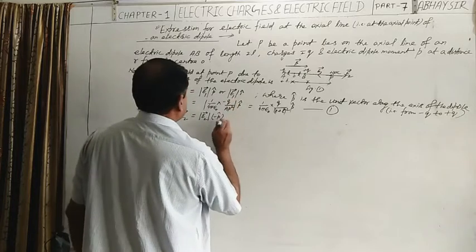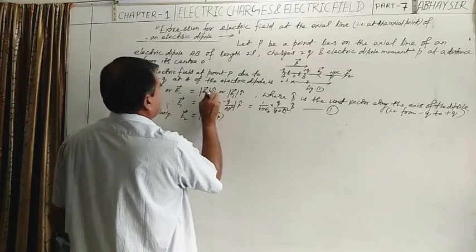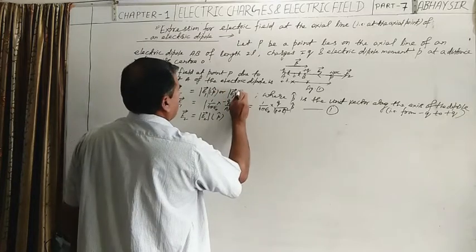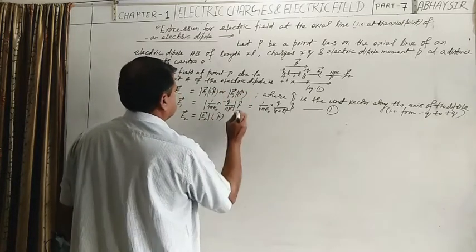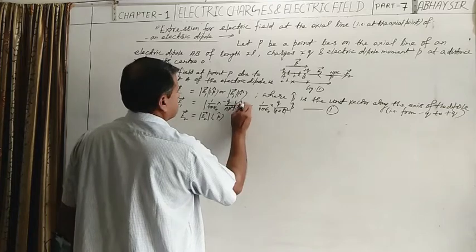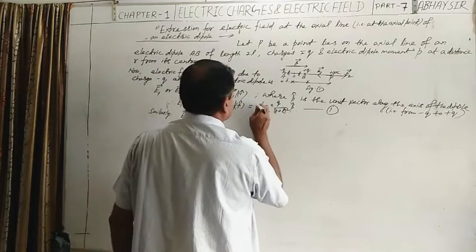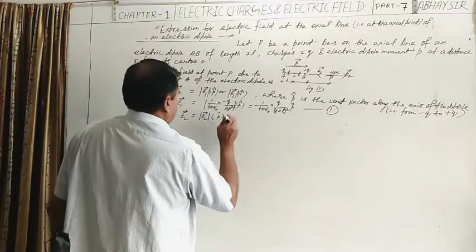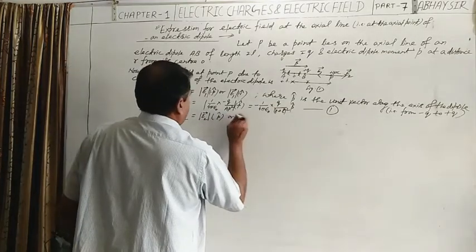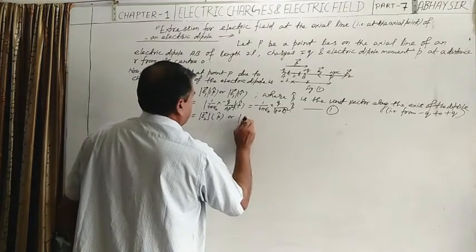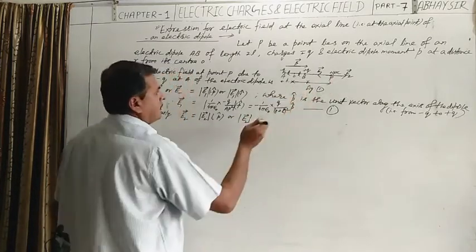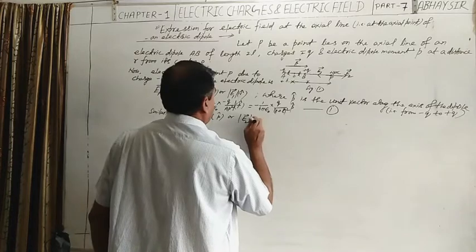Sorry, here P cap and here it is minus P cap, or minus I cap. This is minus the second root, or E2 vector, I cap.